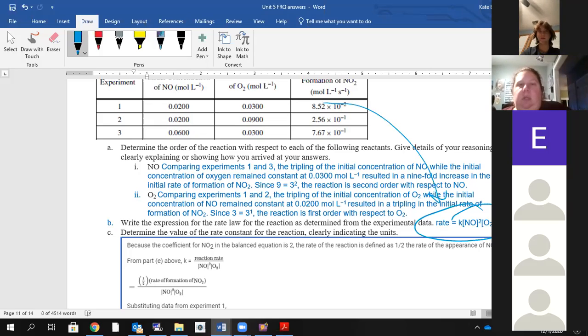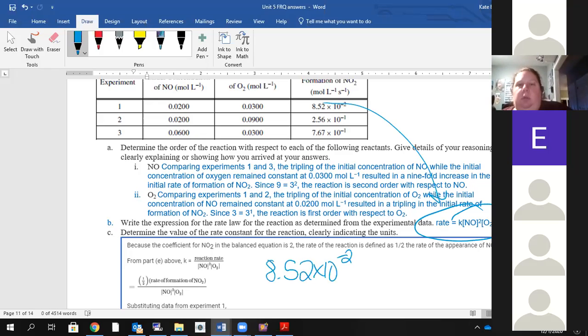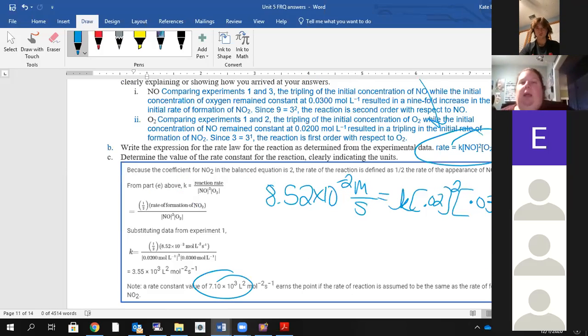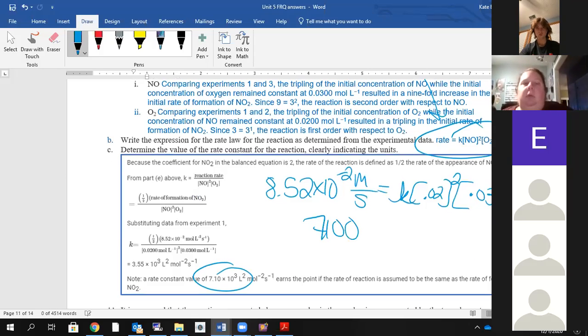I said 8.52 times 10 to the negative 2 molarity per second equals K times 0.02 squared and 0.03. And I got 7,100, which is 7.1 times 10 to the 3. Then the units would be 1 over molarity squared seconds.